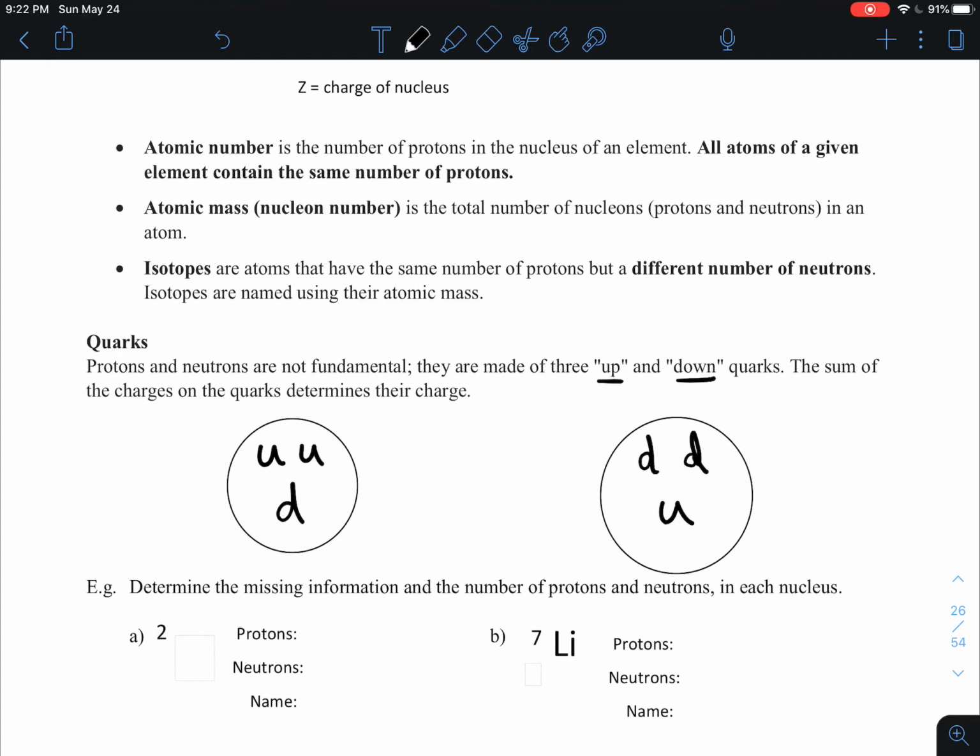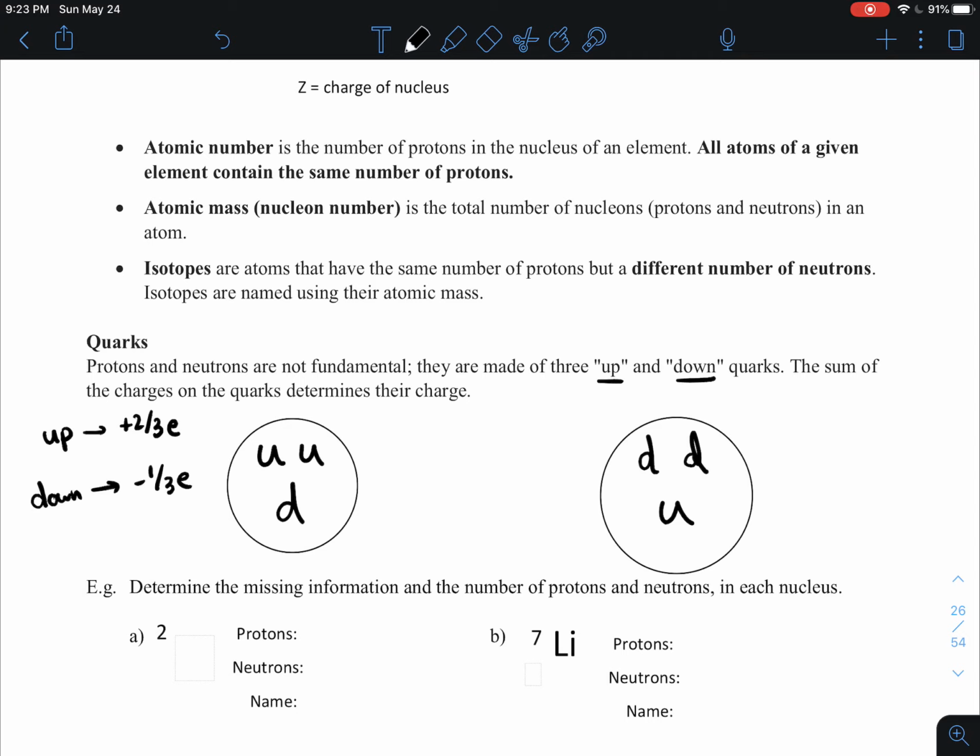And if you look on your formula sheet, you can see that quarks have fractional charges. An up quark has a positive 2/3 charge, a positive 2/3 E. Well, a down has a negative 1/3 E. So if you think about the difference between a proton and a neutron, well, we know the proton has an overall positive 1 charge, and a neutron has a neutral charge.